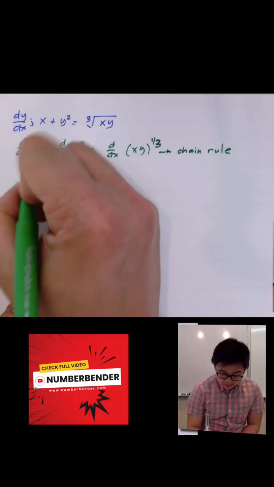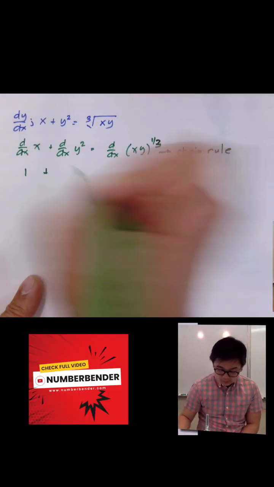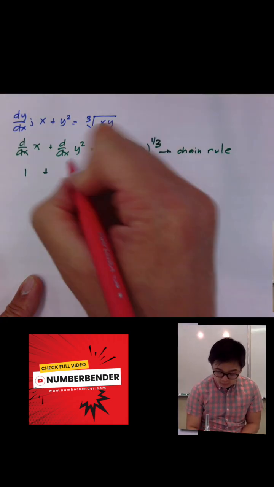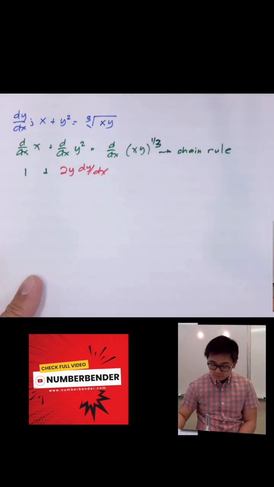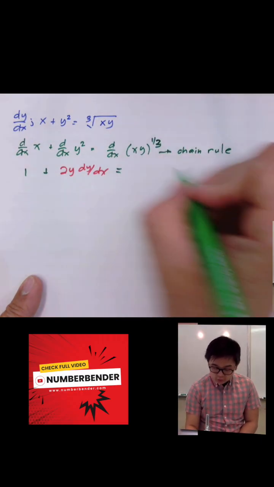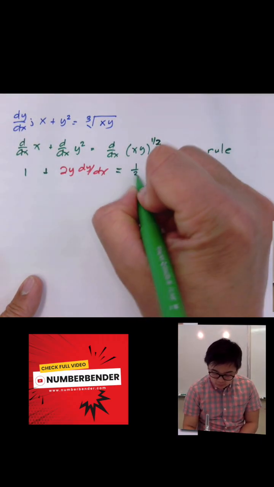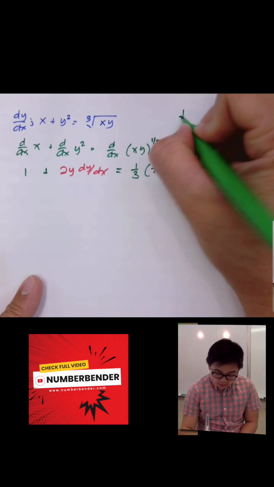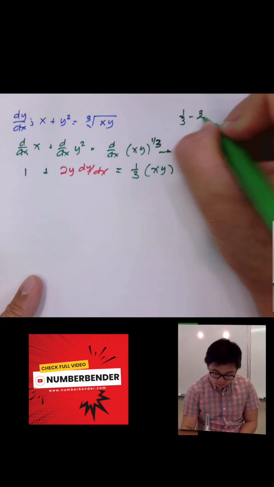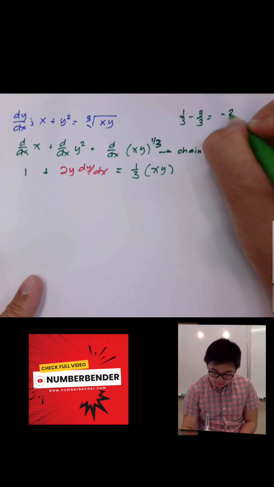So the derivative of x is simply 1, plus the derivative of y squared is 2y dy/dx, equal to, by the chain rule, 1/3 (xy), and we know that 1/3 minus 1, which is 3/3, is simply -2/3.